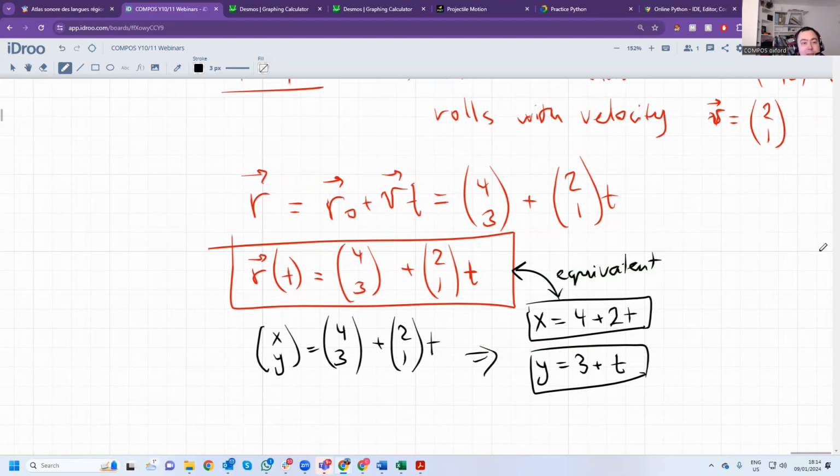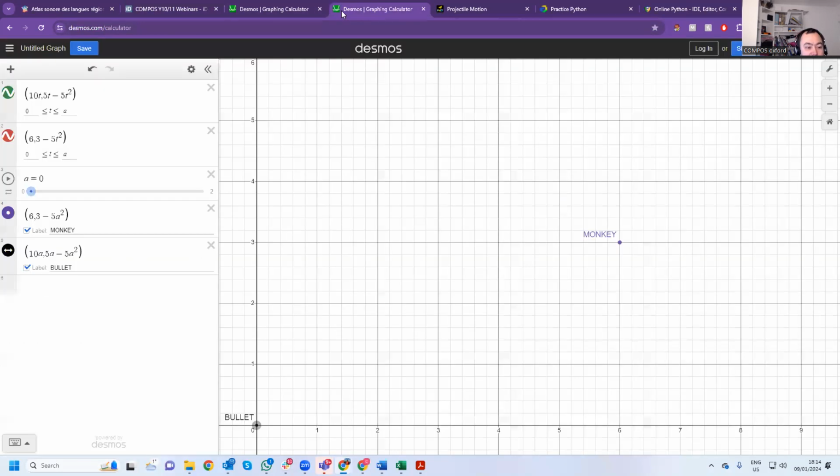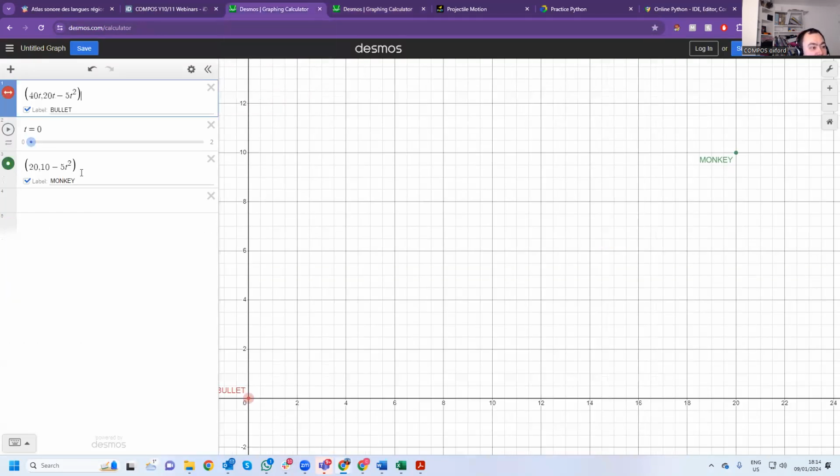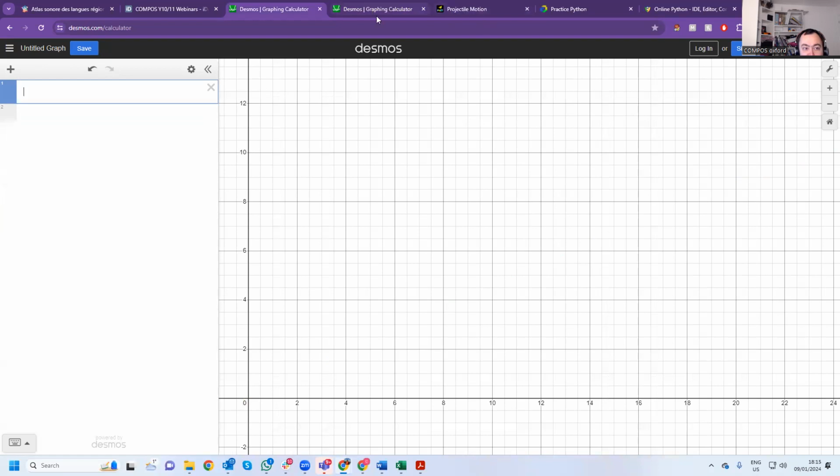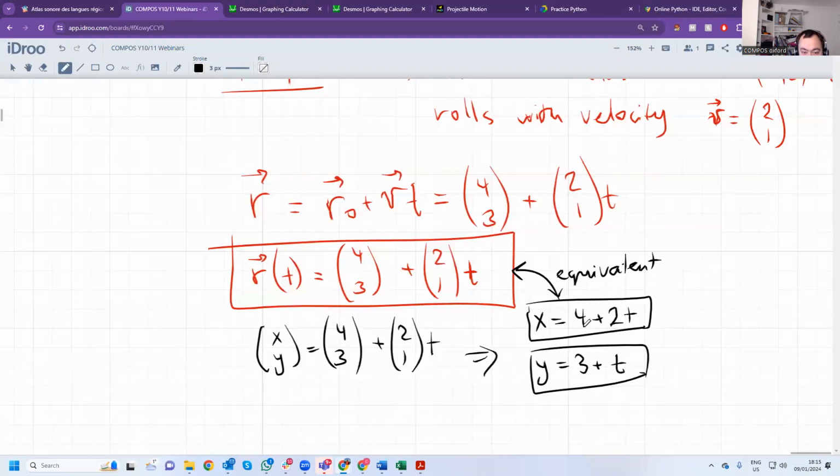Let's see what happens. Let's model this. Desmos is a very powerful tool. So I'm going to model this. The coordinates of the object are x is 4 plus 2t and y is 3 plus t. So we can say that the coordinates are (4 plus 2t, 3 plus t), because this is x and this is y.